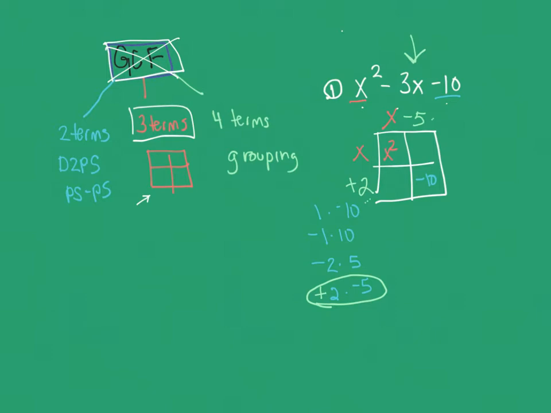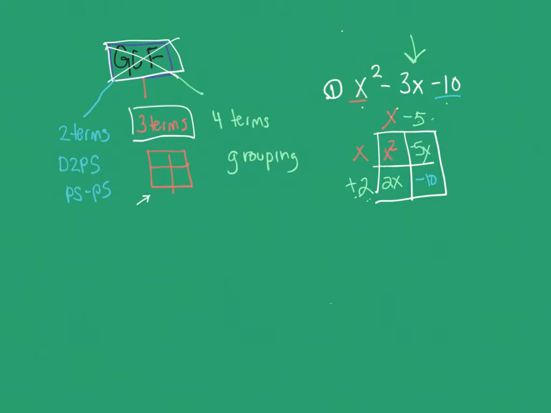Okay, now that I've got what I believe are the correct combinations, I'll get that out of there to make up more space. I'm going to multiply 2 times x, 2x, and 2 times the negative 5, negative 5x. Then I'm going to check myself. Here's my x squared.